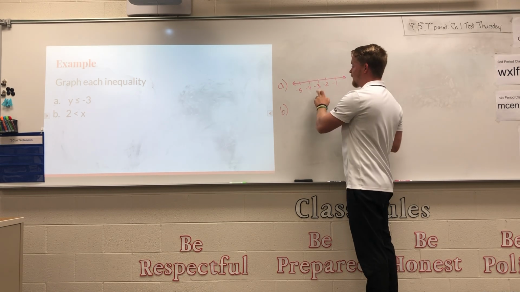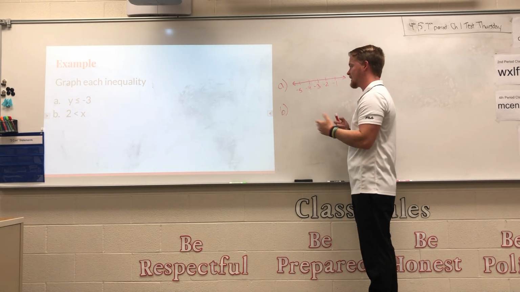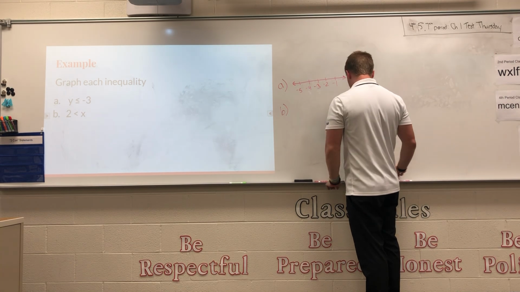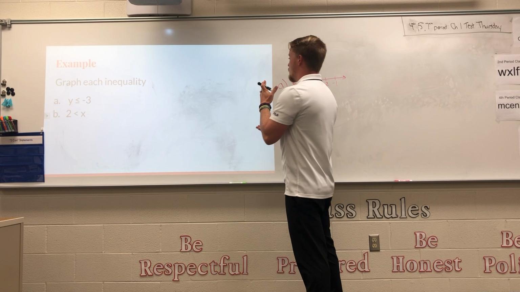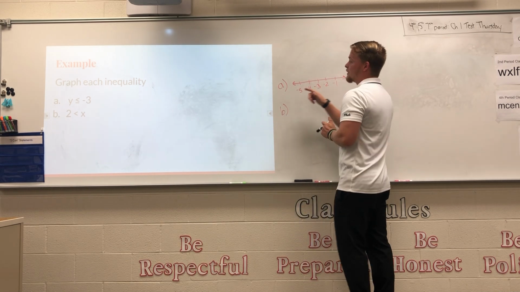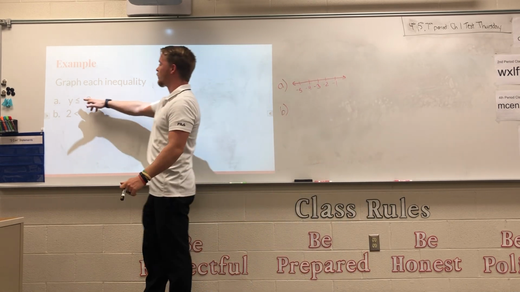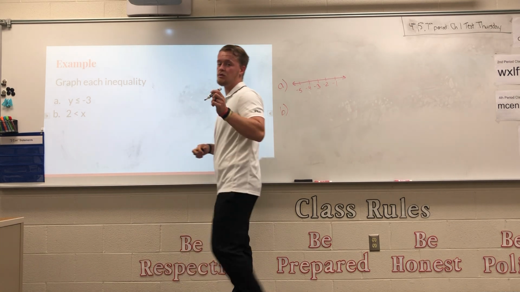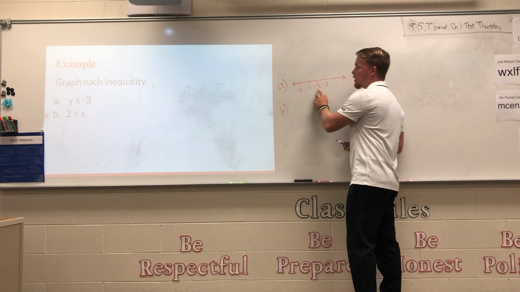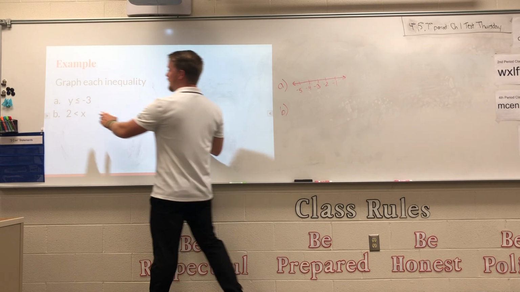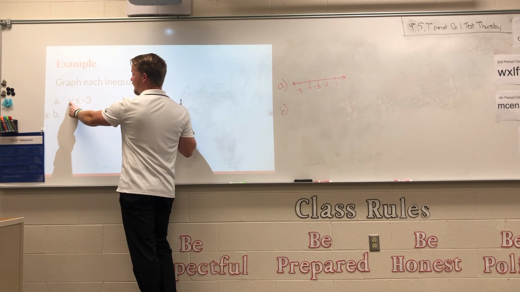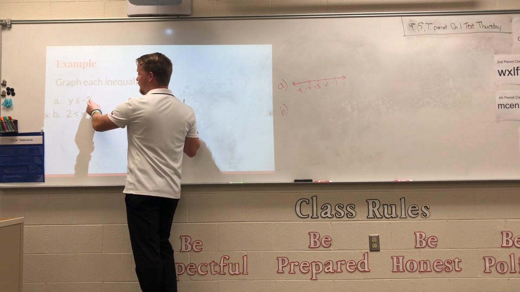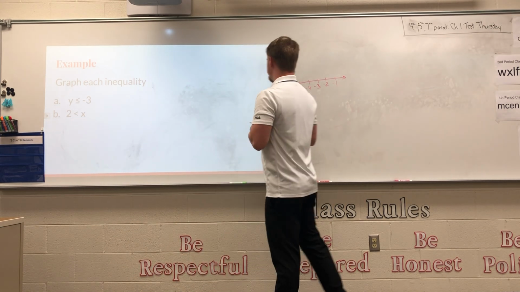Everything to the left of negative 3 is less than. But the main thing to remember is, if you refer back to the last slide, you have to use a closed circle for less than or equal to. The reason is that negative 3 also satisfies this inequality. If you plug negative 3 in here, it's still true. Negative 3 is less than or equal to negative 3, because it's equal to.